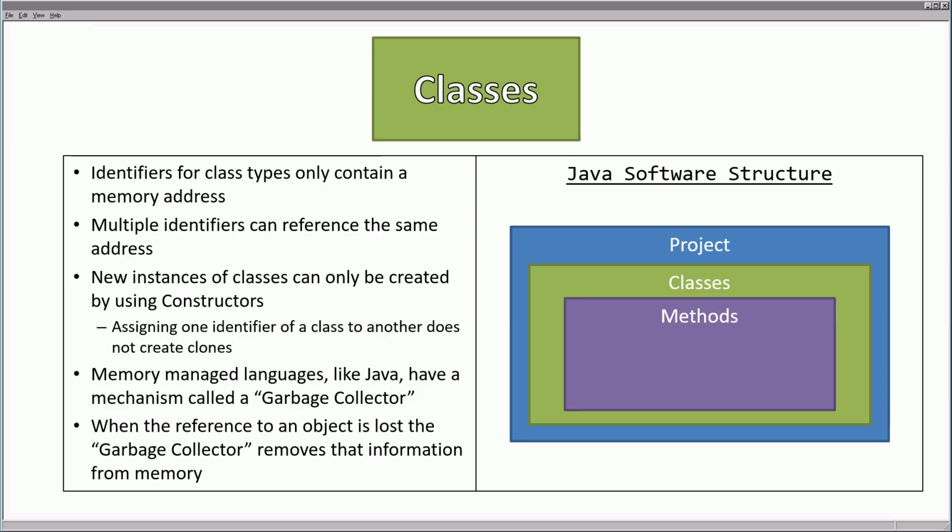New instances of classes can only be created by using constructors. Assigning one identifier of a class to another one does not create a clone. Now, Java is a memory-managed language, and it has this mechanism called a garbage collector. And whenever the reference to an object is lost, the garbage collector goes along and removes that information from memory.